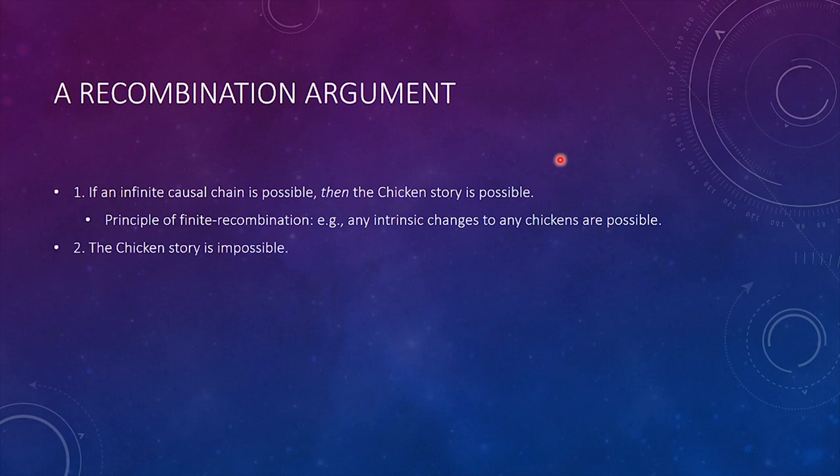But the chicken story is not possible. It involves a contradiction. That chicken might think, surely I can cross the road, and maybe it could cross the road if the scenario were actually possible. But the chicken cannot cross that road because that results in a contradiction. And from these premises, it would then follow that an infinite causal chain is impossible.